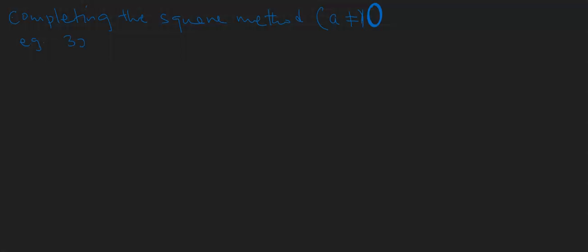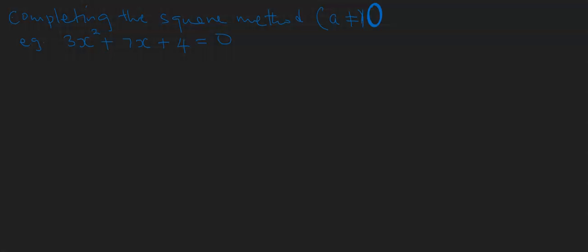3x squared plus 7x plus 4 is equal to 0.